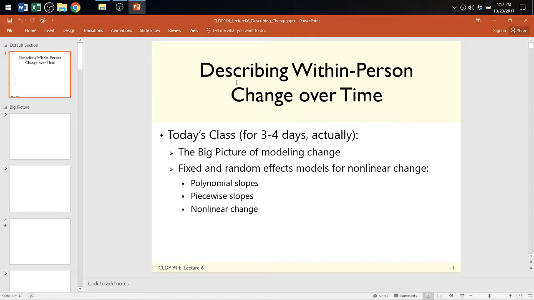Random, yes. So assuming linear change means we're talking about comparing a fixed linear change model to a random linear change model. And if the model with the random slope fits better, then each person needs their own slope, or a variance of the slopes. And so the test statistic there is the -2 log likelihood difference.